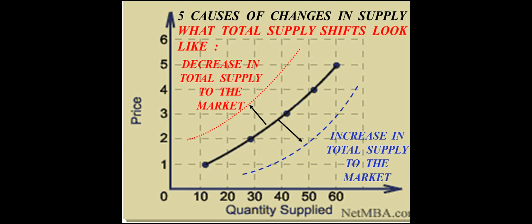Now, please make a very important note here that notice I did not use the terms to describe the curve shifts as up and down on the chart, because if you focus in here on the decrease in total supply, the shift of the curve, it looks like it's moving up the chart.